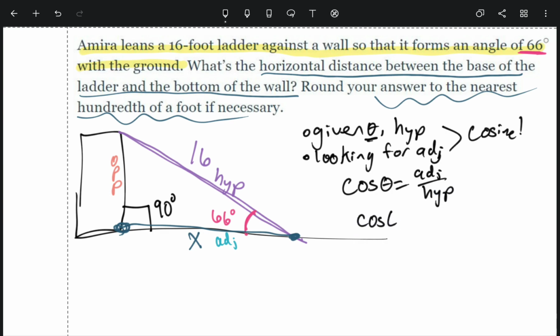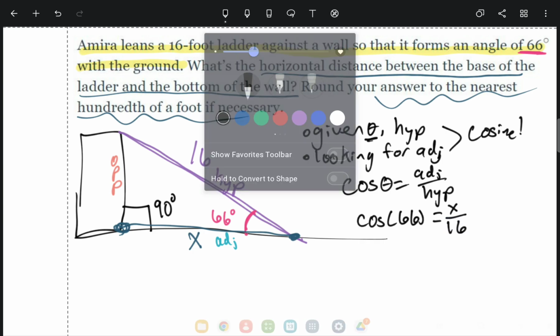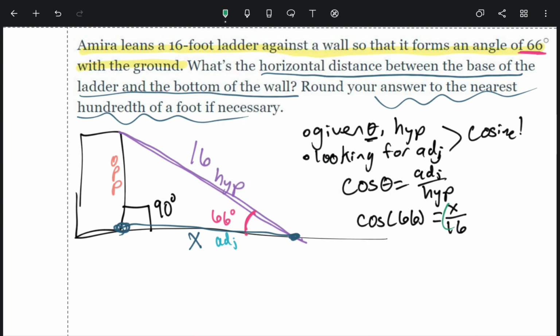Let's plug everything in. We get cosine of 66 degrees equals the adjacent, which is x, divided by the hypotenuse, which is 16. Multiply both sides by 16. We get 16 times cosine of 66 degrees equals our x.